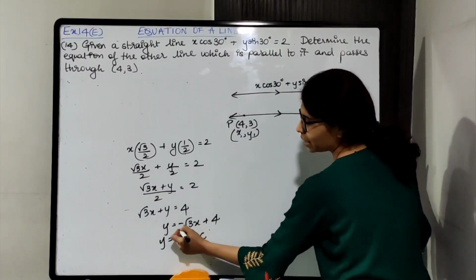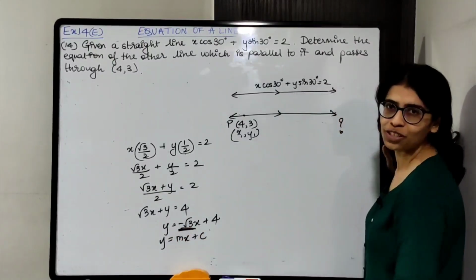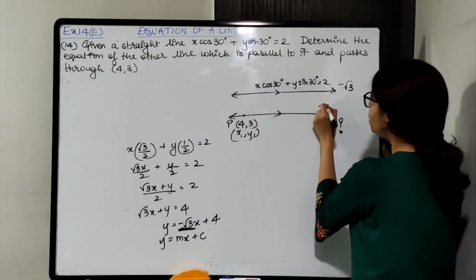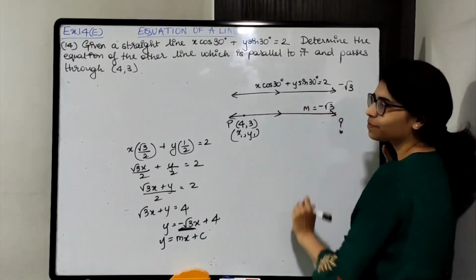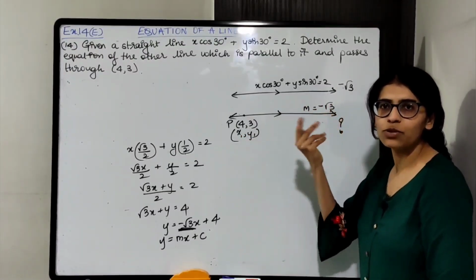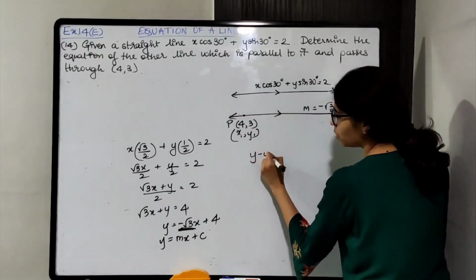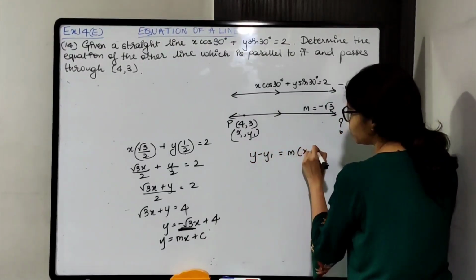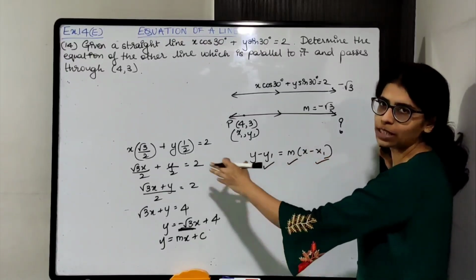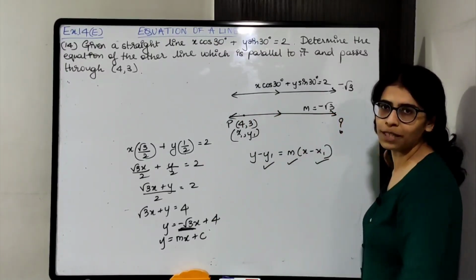Standard form से compare करेंगे, so slope का value -√3 है. इसका slope -√3 है, इसका slope भी -√3 होगा. Once you get slope, you have one point का coordinates, use the formula to find the equation. y minus y1 equals to m into x minus x1. Put the values of y1, x1, m. You will get the equation of the line passing through point P.